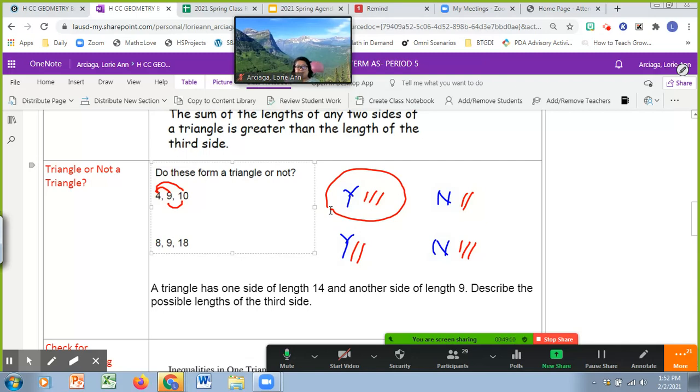That means the second one does not form a triangle. So this is not a triangle, and this is a triangle.